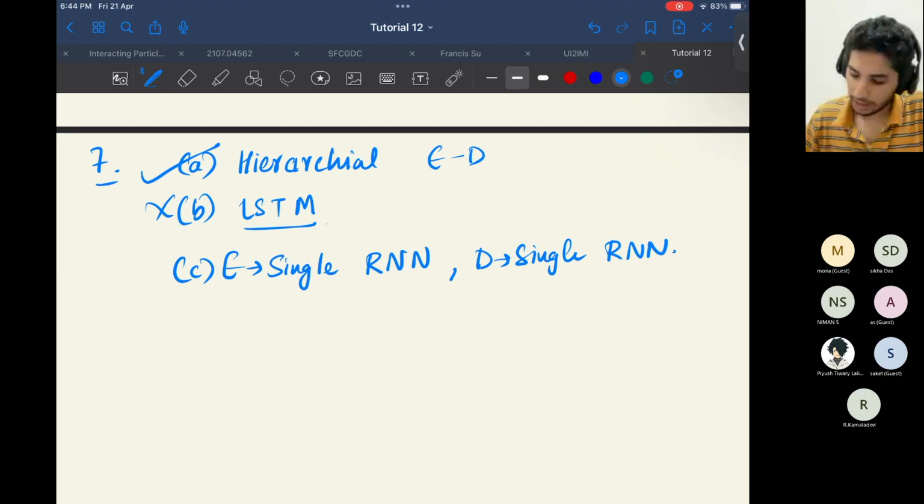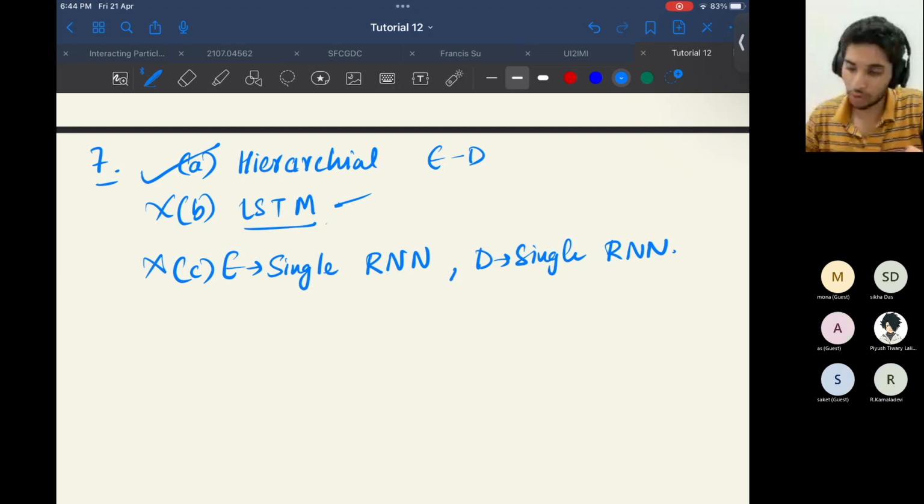If LSTMs cannot deal with a sequence of sentences, a single RNN can also not deal with a sequence of sentences. So this is also not correct because you again won't be able to manage the sequence of sequences structure.